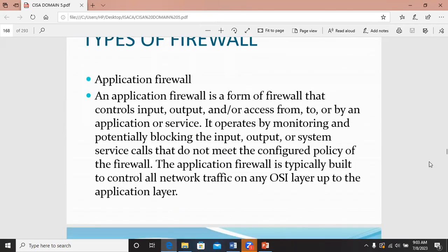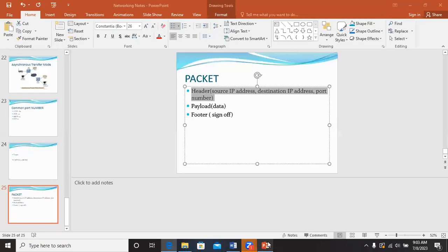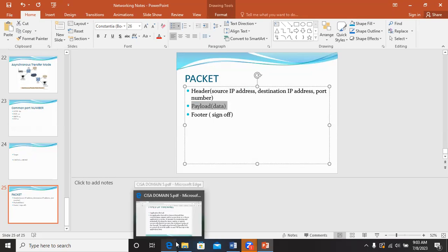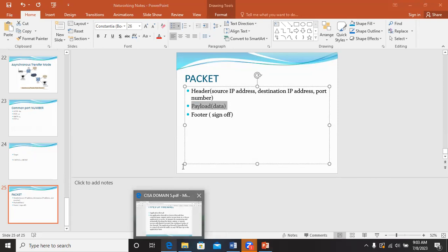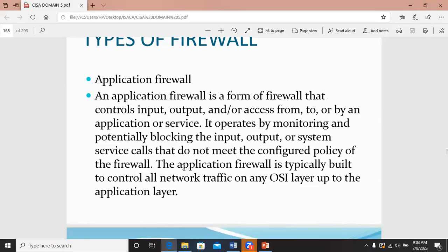So it can actually check the data, check the payload and say, okay, what are you carrying? Unlike a packet filtering router, which will only check the source IP and destination IP, this will check the payload, what is being carried by the packets.